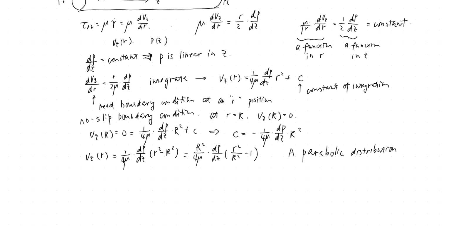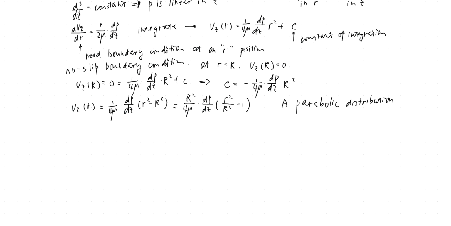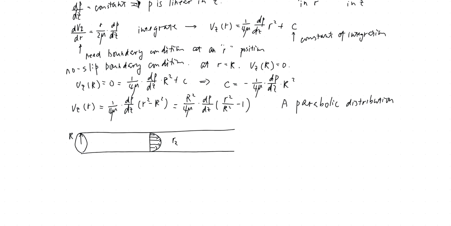So how does this look like? So this is your pipe, with R. And if you look from the side, you would see that the velocity profile looks like this. This is how Vz as a function of r looks like.